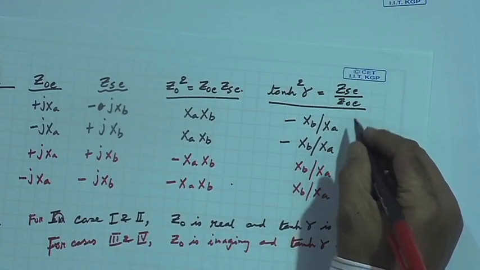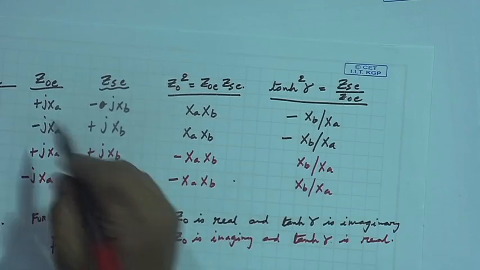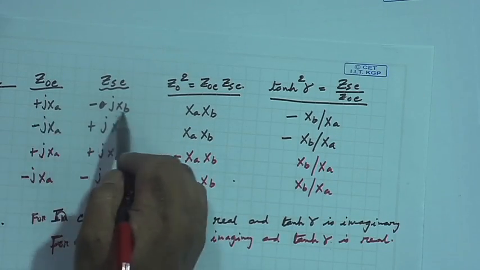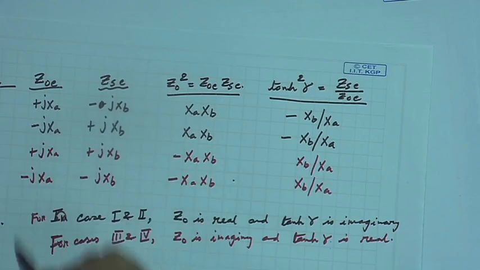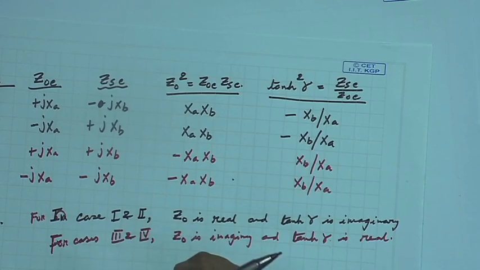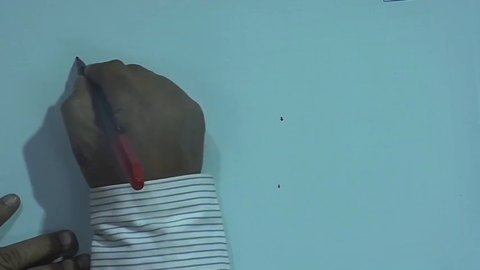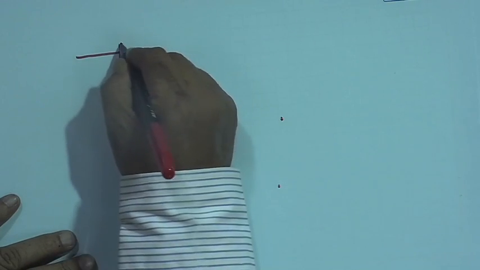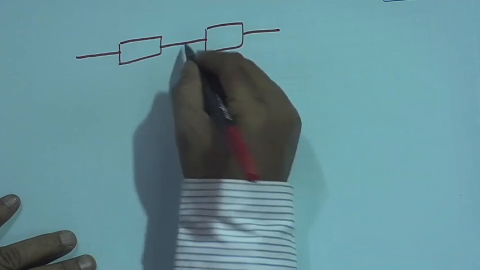But you also observe here, this is my filter pass band, but I have one demand that ZOC and ZSC should be of opposite sign. So, let me now see my T section.